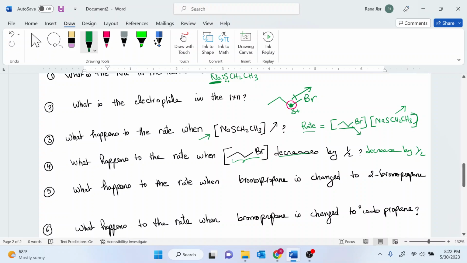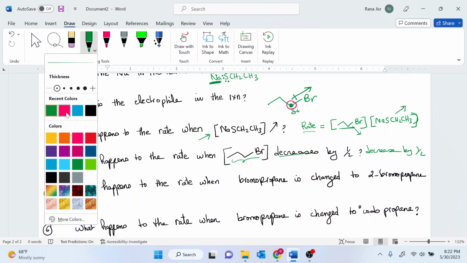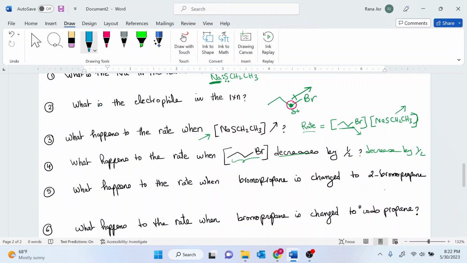What happens to the rate when the bromopropane is changed to 2-bromopropane? Now you have a more substituted alkyl halide. Remember what we said, that the alkyl halide should not be hindered. And also we said that SN2 reactions do work with secondary alkyl halides. So this one is a secondary alkyl halide, and I'm starting with a primary alkyl halide.